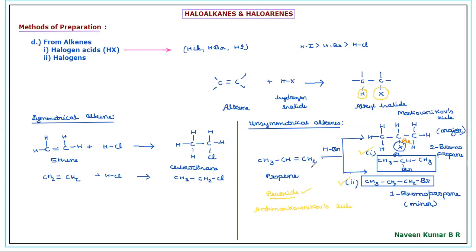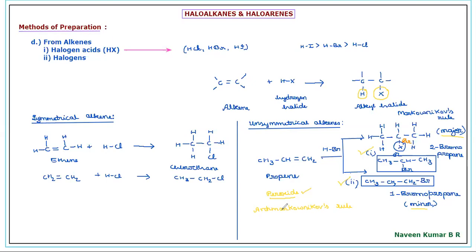In the absence of peroxide, normal halogen acid addition leads to 2-bromopropane as the major product. Whereas if it is in the presence of peroxide, it is reversed. So 1-bromopropane will be obtained as major in the presence of peroxide. So this will be additional information. This also you can relate.